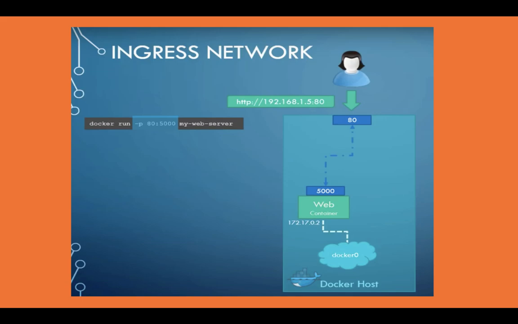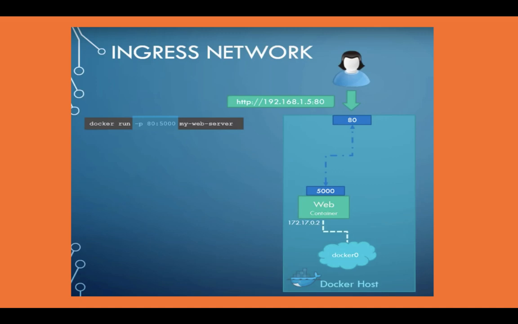So let's see how you can host your application on a Docker container. In this diagram, you can see on the left-hand side we have written docker run -p 80:5000 my web server. docker run is a command which will start a web server using the my web server Docker image, and it will map the port numbers.